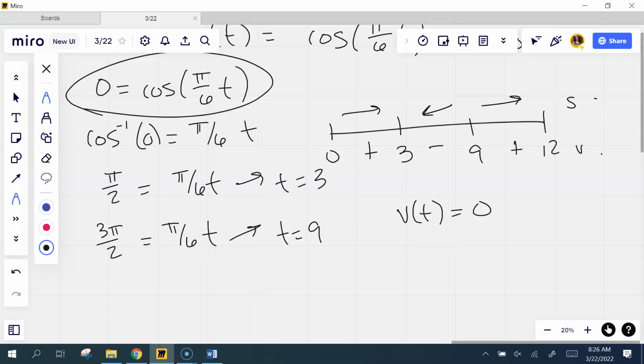Because I said cosine of 0 there and then plugged the points in. You literally have to write cosine of pi over 6t equals 0. They have to see that you set the entire velocity equation equal to 0. Don't leave anything out. Act like this is elementary and you're trying to show them step by step. They have to see everything. You see what I'm saying though? Because I said cosine of 0 here, and then plugged it in to find those two values.